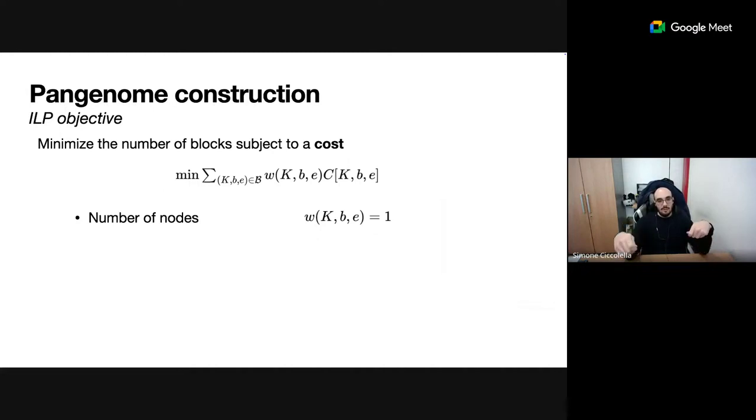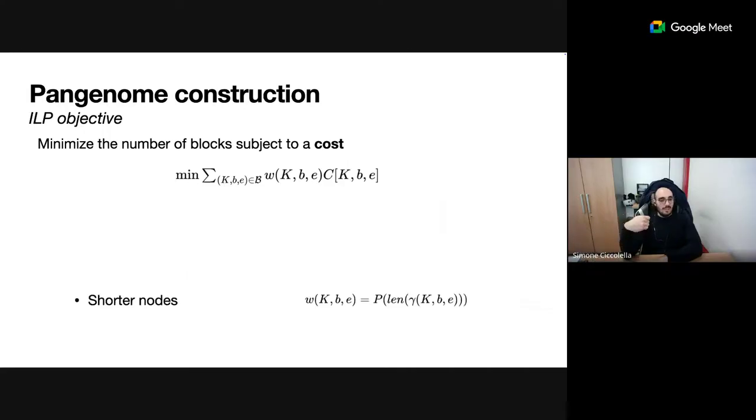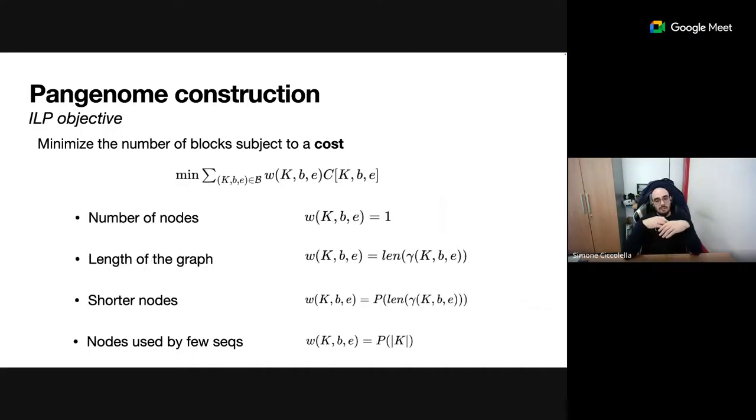The number of nodes: in this case, we want to minimize how many nodes we have in the graph. Or we can minimize the total length of the graph. We can also prioritize shorter nodes, or minimize nodes that are too short. Or we can minimize nodes that use few sequences. So these are 4 of the objective function costs that we define in this paper.